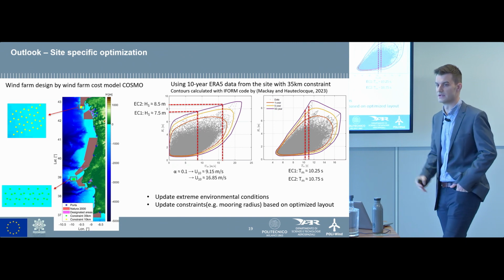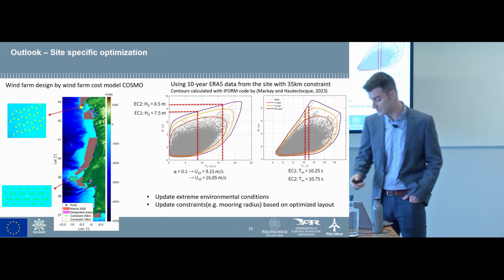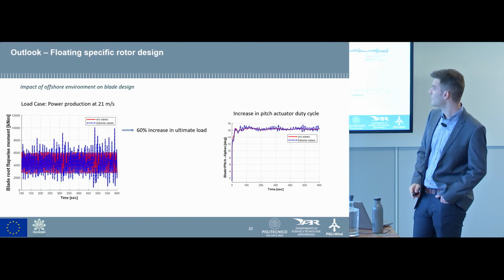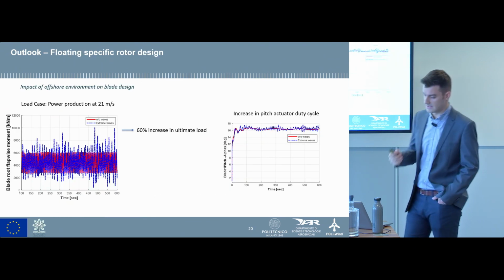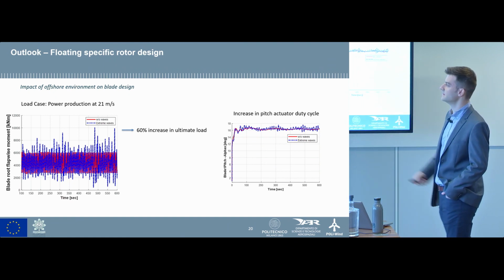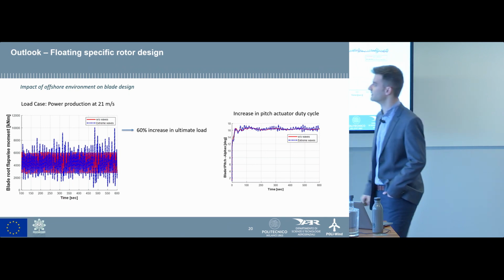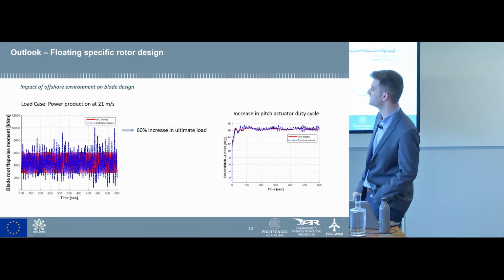For example, we can put a maximum value on our mooring line radius. And we can also investigate more the impact of the offshore environment on the blade design. Here we can have a look at the comparison of blade root flapwise moments.